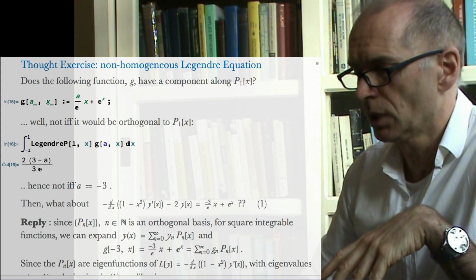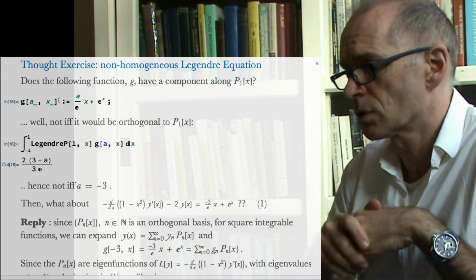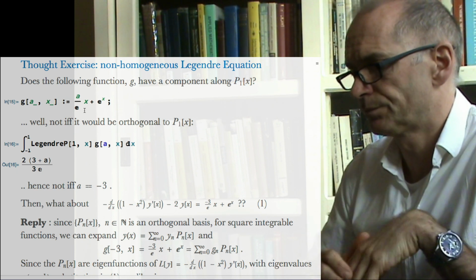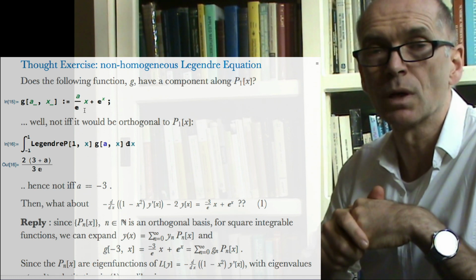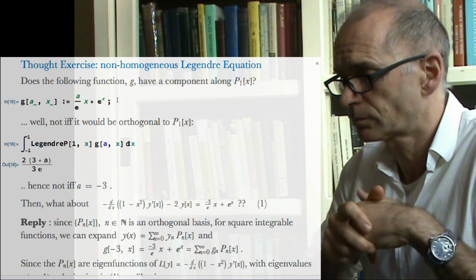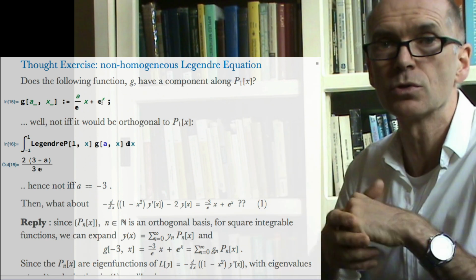g, with a parameter a and independent variable x, and that is a over e, Euler's number, times x plus e to the power x, so the exponential function. This e here is the same as the base number of the exponential function.